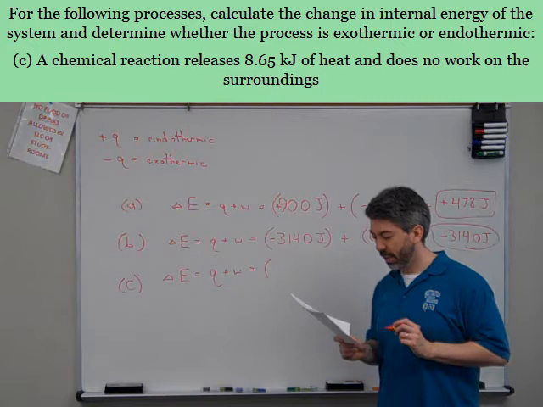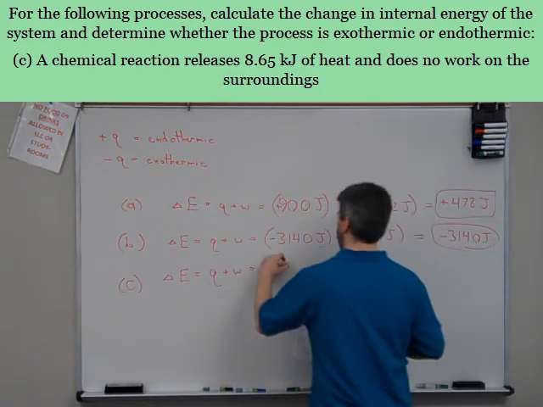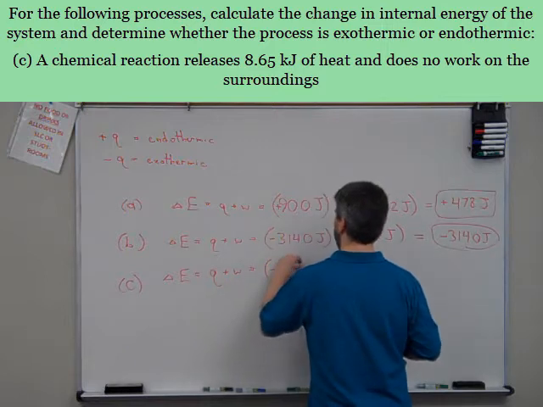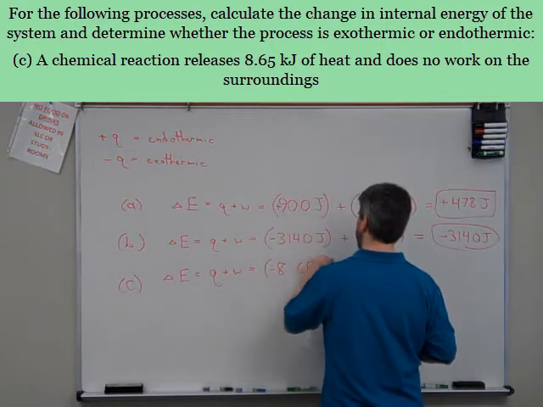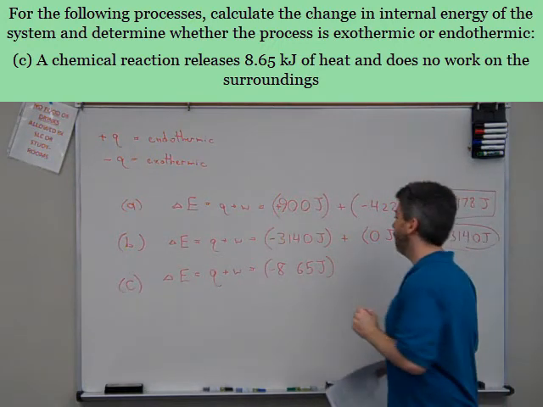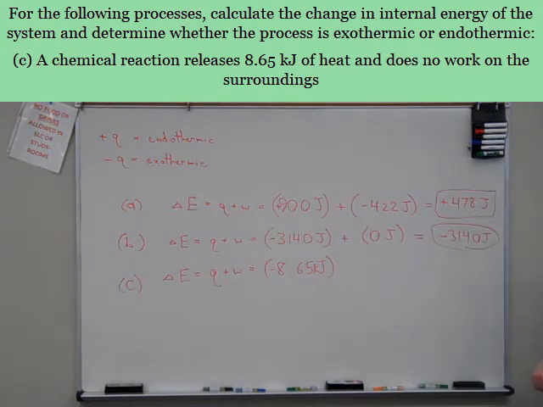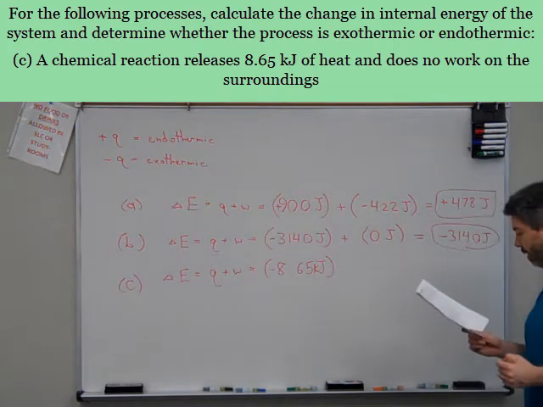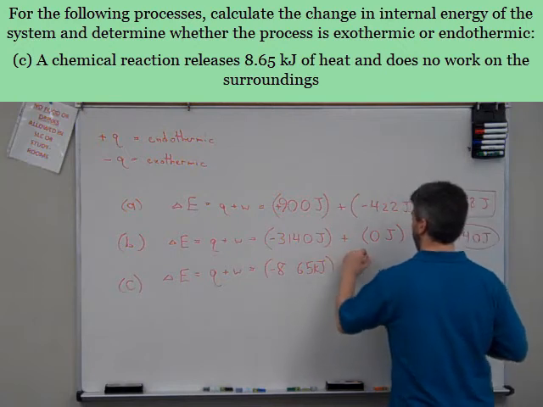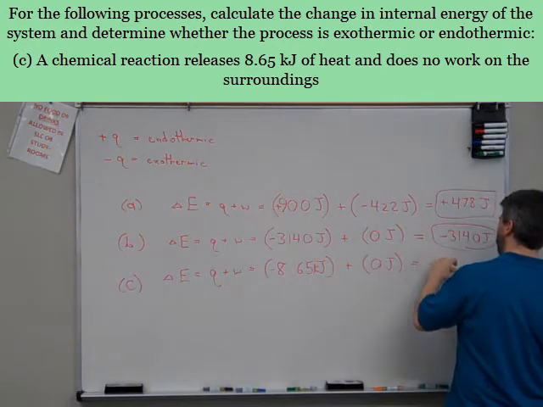There is, it's releasing. So what's the Q then? It'd be negative 8.65 kilojoules. It's releasing heat, which is not absorbing it, that means it's losing it. And what's W then? 0 joules again. So the overall delta E is negative 8.65 kilojoules.